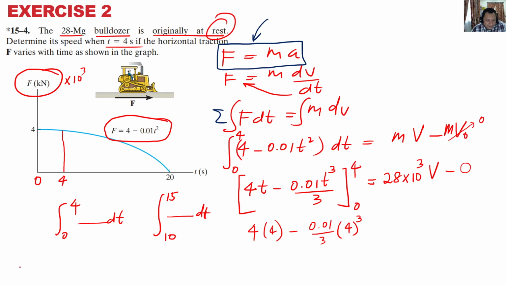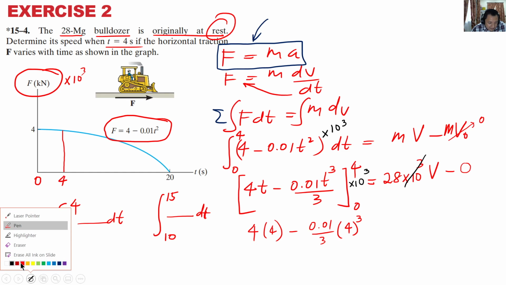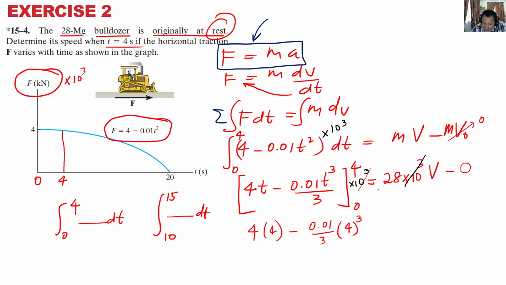So all these things are 10 to the power of 3. So I don't need to put this one anymore. This one cancels out. So this one becomes 28V only. Okay? I think so.